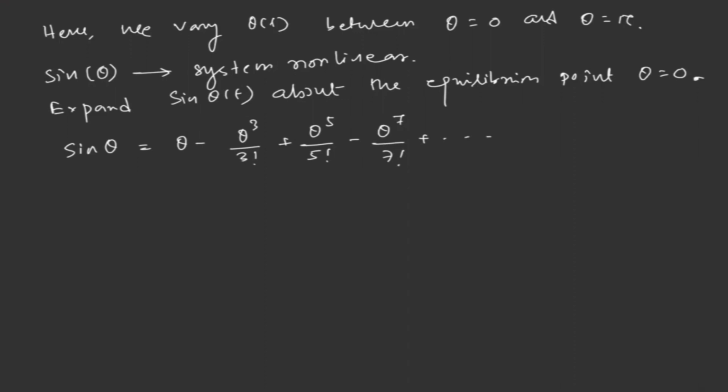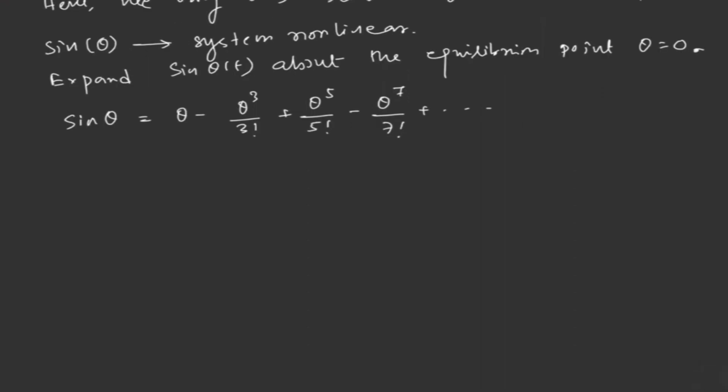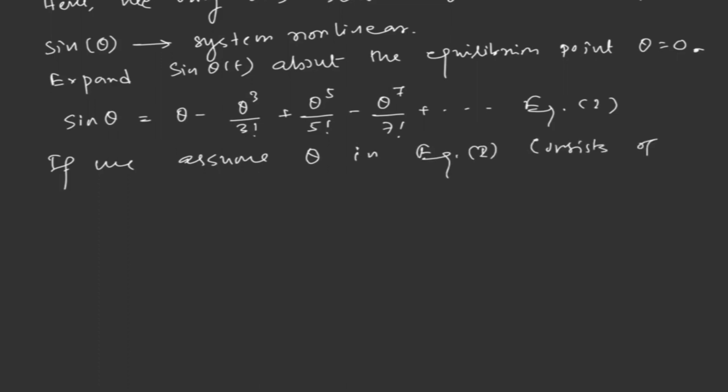Now if we assume the motion of the pendulum about theta equal to 0 is a small angular displacement, let me write equation number 2: theta in equation number 2 consists of small angular displacement.